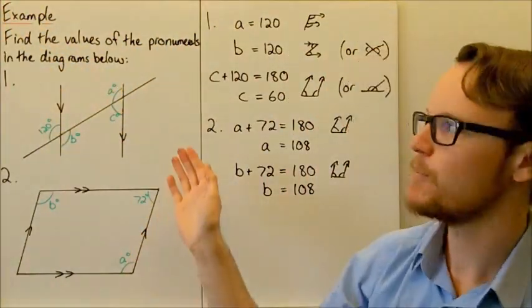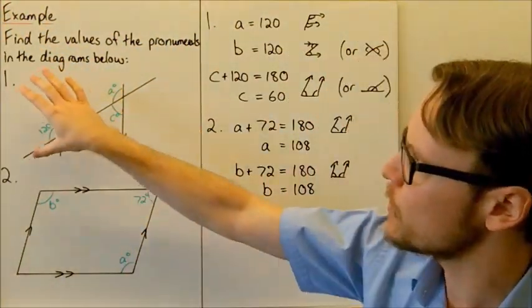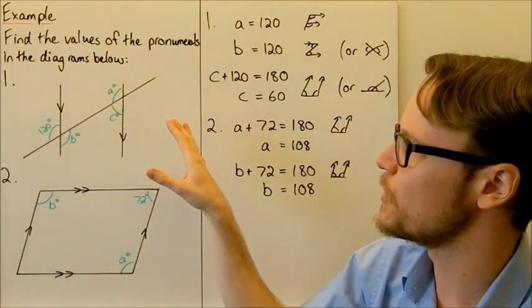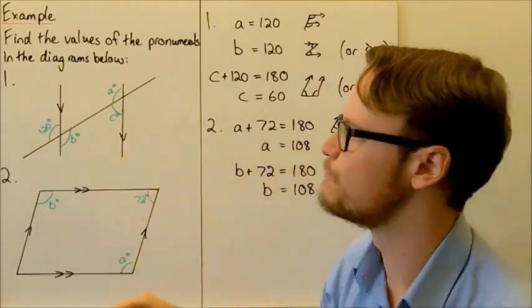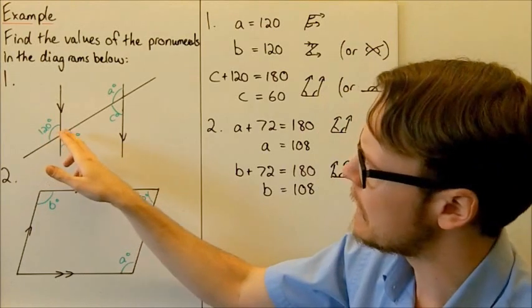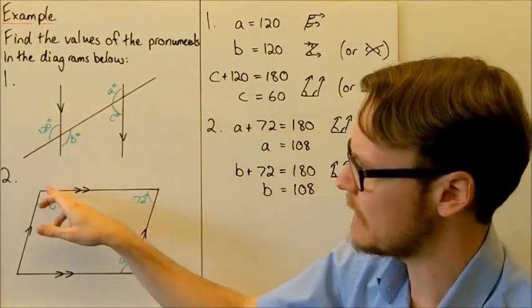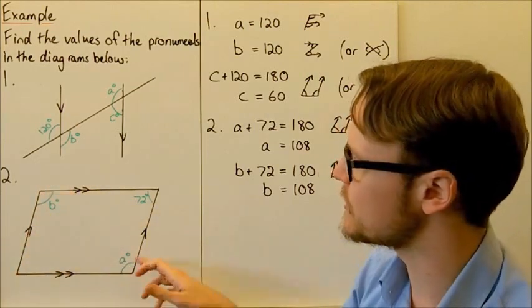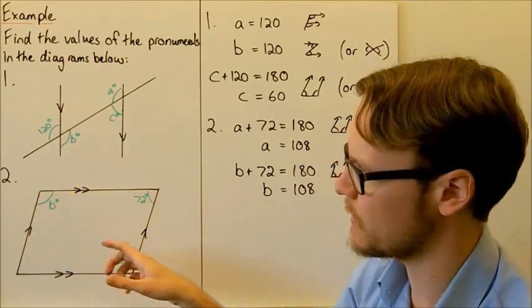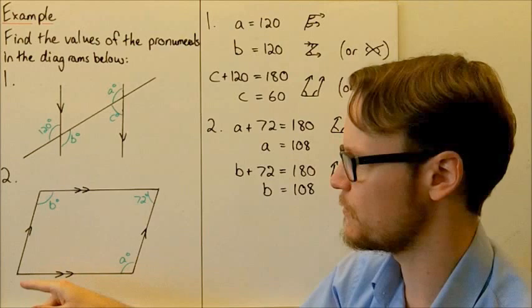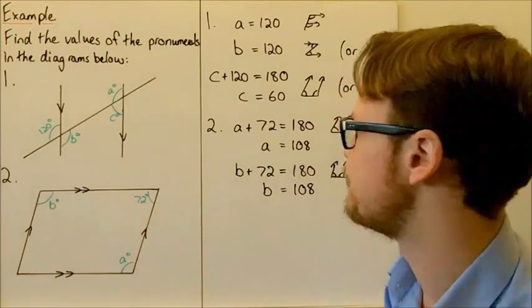Let's have a look at an example here. We're being asked to find the values of pronumerals in the diagrams below. So here we've got two parallel lines intersected by a transversal, and here we've got two pairs of parallel lines that intersect at four corners, making a parallelogram.